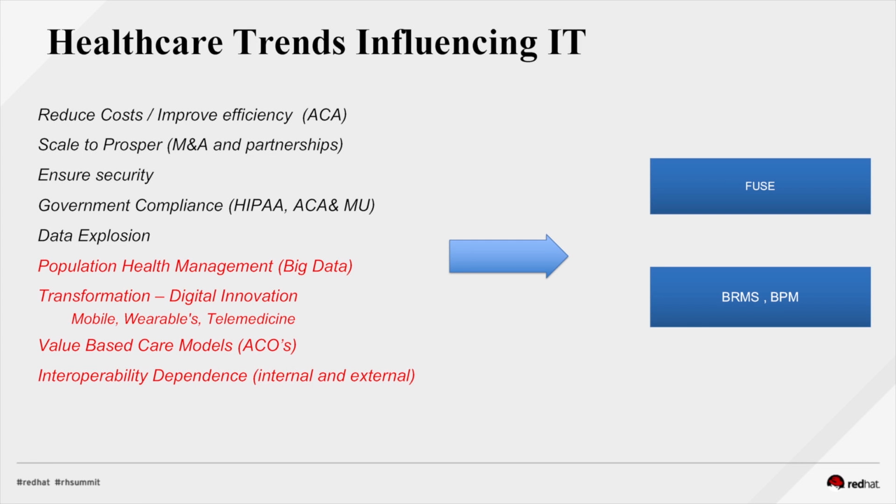There's tons of mergers and acquisitions. You have payers that are becoming health systems that are becoming payers. There's all kinds of weird arrangements happening. Security is on top of everybody's mind. You've got government compliance, you've got data that's just exploding. But if you focus down on the interoperability pieces, these are the things here in red that are driving interoperability.